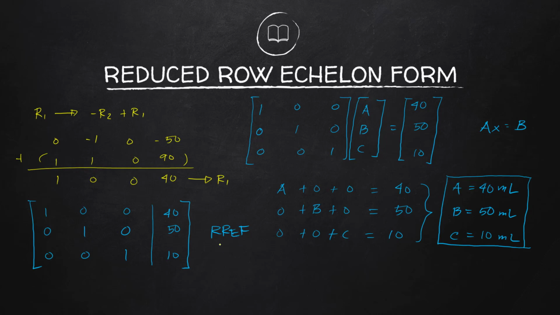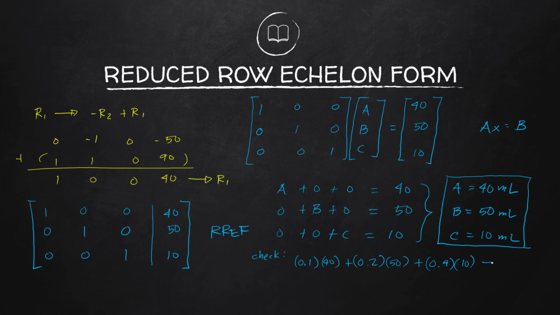We can also check the concentration of the resulting solution. Your A has a concentration of 10%. That is 0.1 multiplied by 40 ml. Your B has a concentration of 20% times 50 ml, the volume of it, plus 40% concentration for C, and that has a volume of 10 ml.